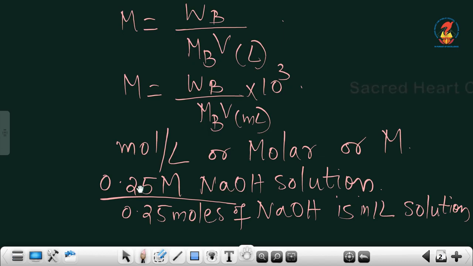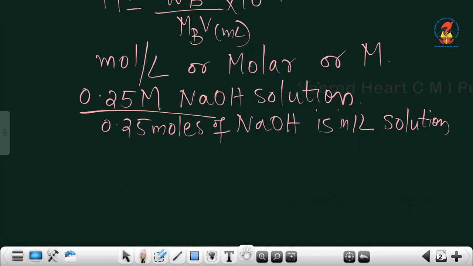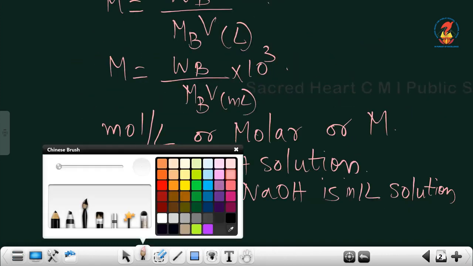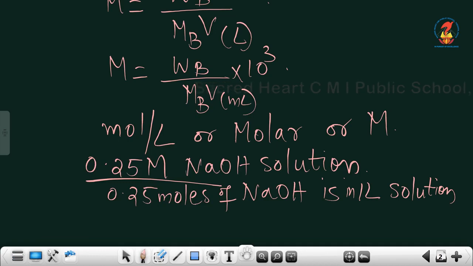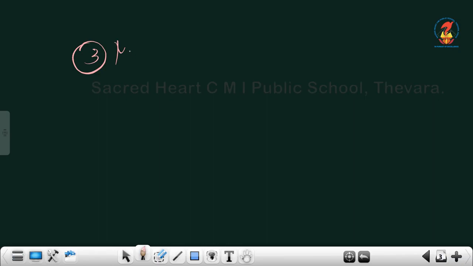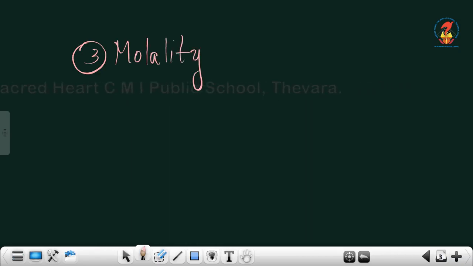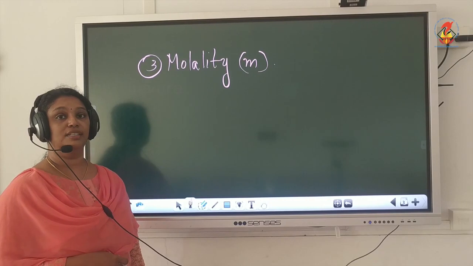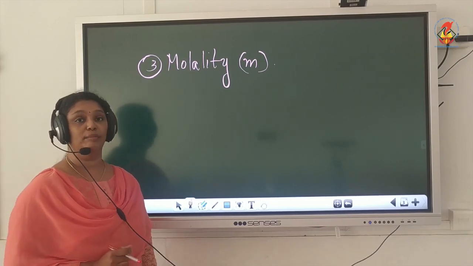Now the next term, third term used to express concentration of solution is molality, denoted by small m. Molality is the number of moles of solute dissolved in 1 kilogram of solvent.